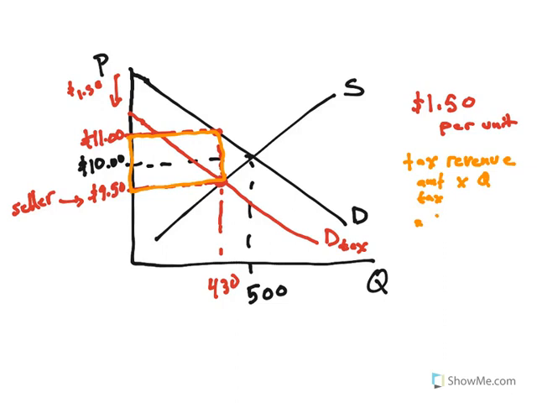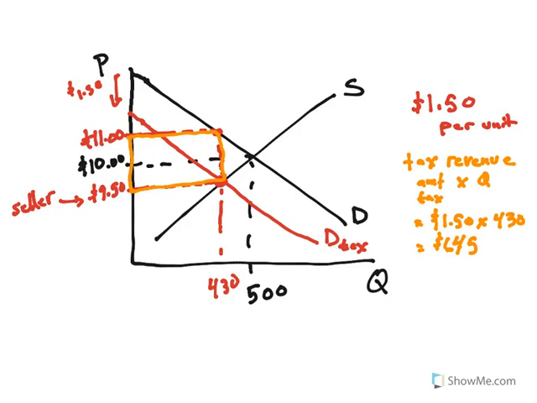So in this case, the tax revenue is $1.50 times 430 units, for a total tax revenue of $645. So not all of that $645 is going to be paid by the buyers. Effectively, we took away some of the producer's surplus and turned that into tax revenue.